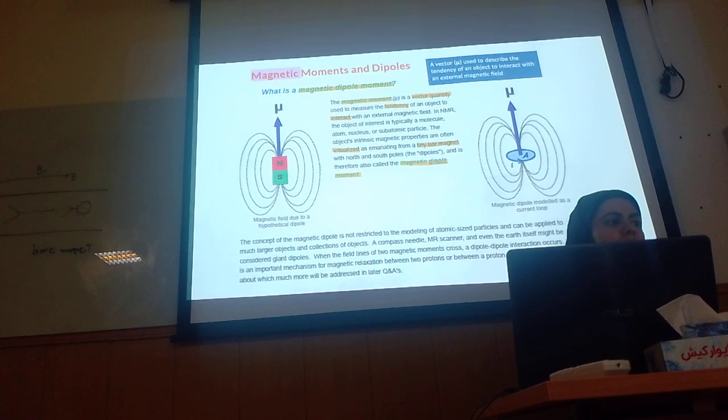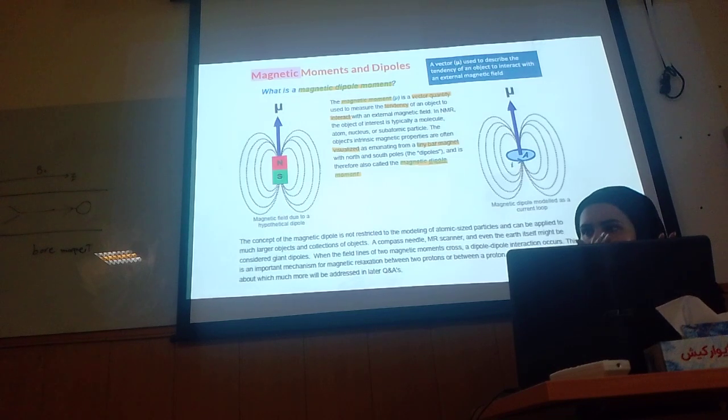In the case of applying an external magnetic field, the magnetic moment, its symbol is mu, will align with the external magnetic field. The magnetic moment is aligned with the magnetic field or opposed to the magnetic field.